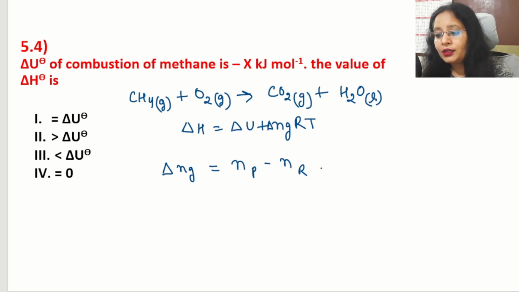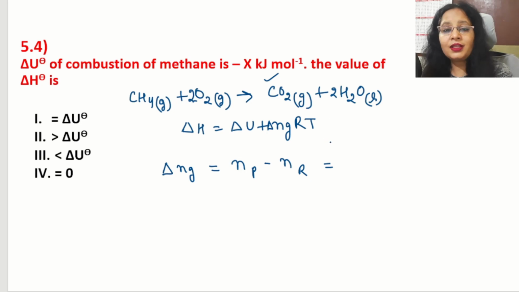So here in the product side we have carbon dioxide, but first of all we have to balance the reaction. See, we have to balance this. So oxygen is 4, 2 plus 2, 4, carbon is 1, hydrogen is 4. So now the reaction is balanced.